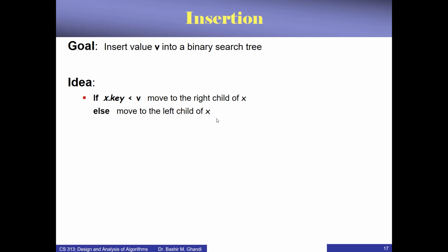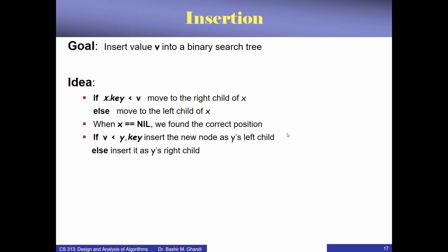We keep doing this checking, going left and right, until we find an empty tree. So when x is nil, then we have found the correct place to do the insertion.